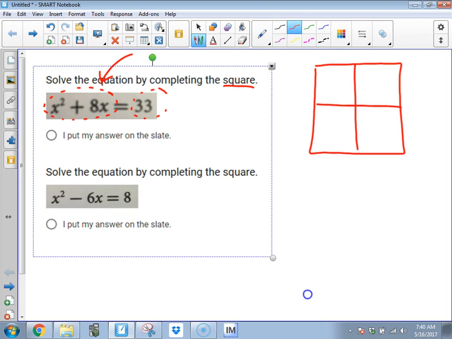We're going to go to our box, and we're going to consider just the left side. X squared we'll put at the top left-hand corner. But we don't have a number to put at the bottom right.